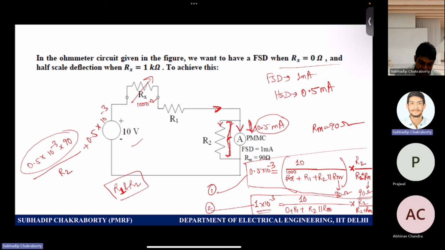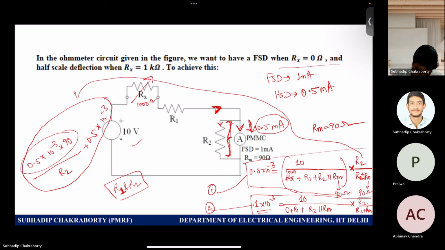That is this current. So instead of writing this one, you can simplify as this one.